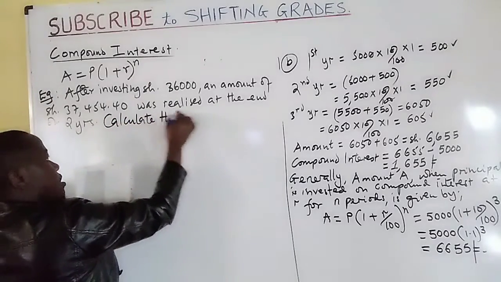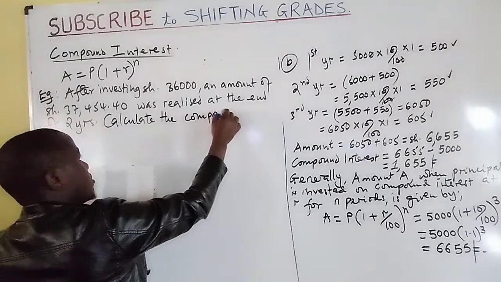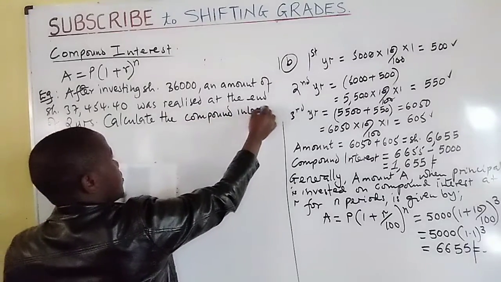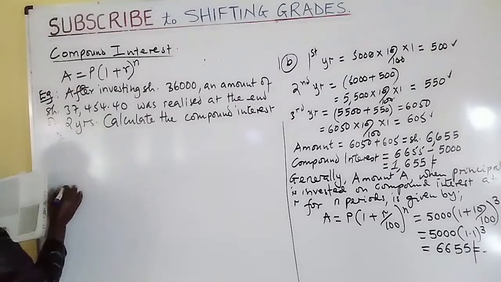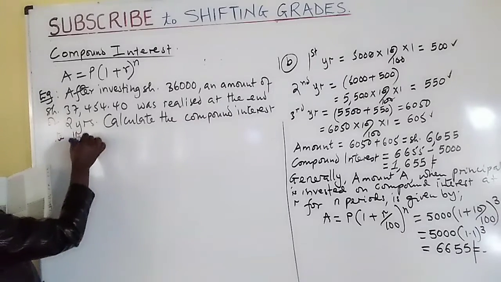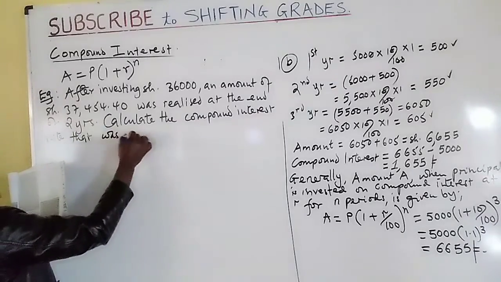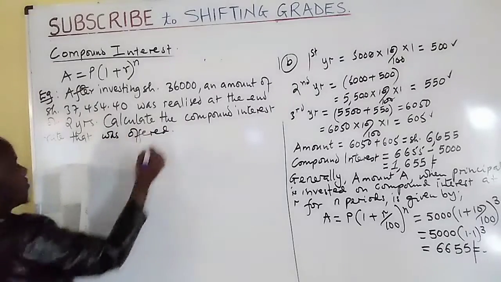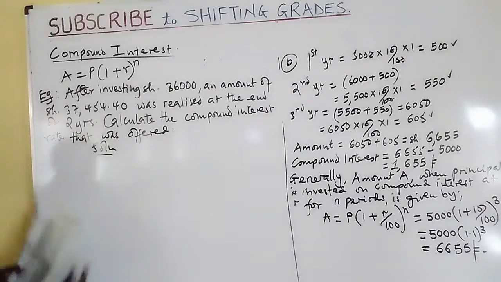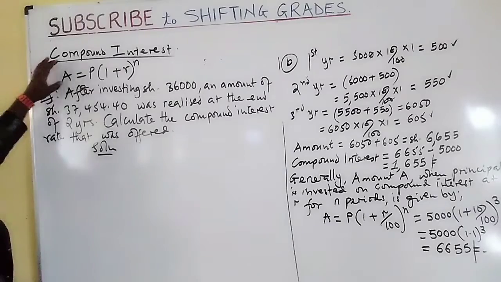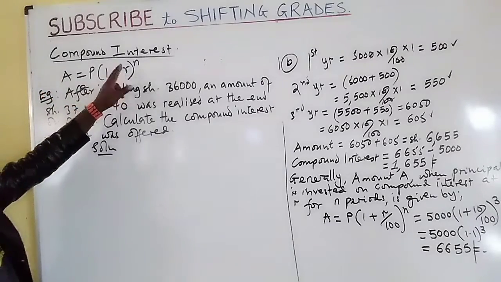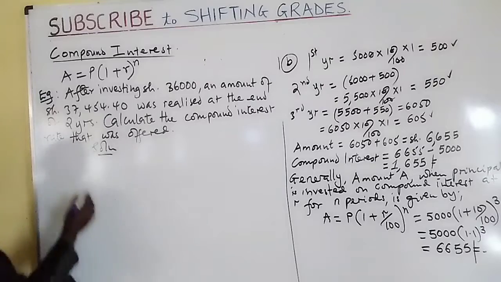Calculate the compound interest rate that was offered by the institution. Now, we all remember the formula that amount is given by principal times 1 plus rate raised to n.